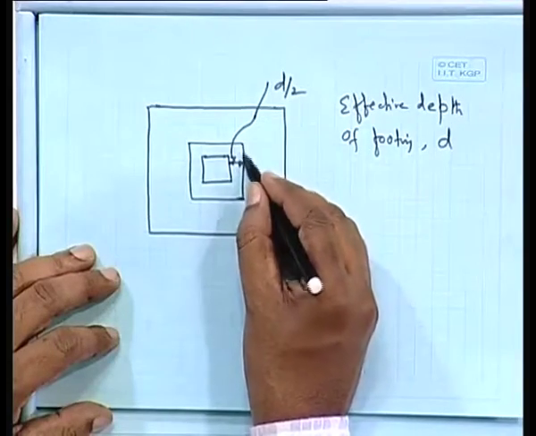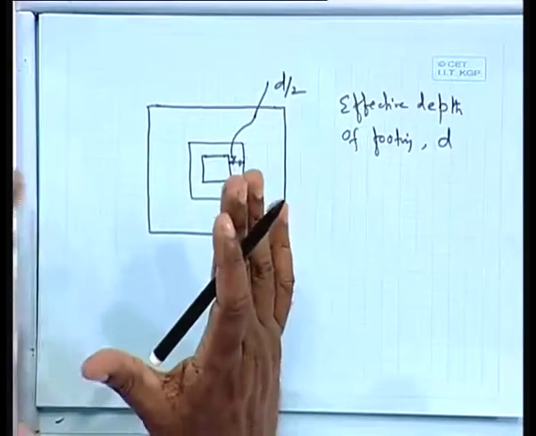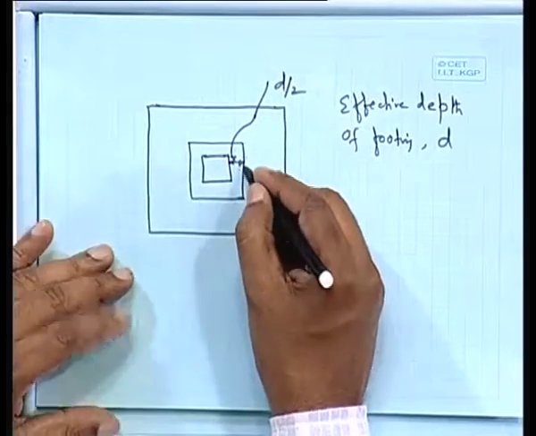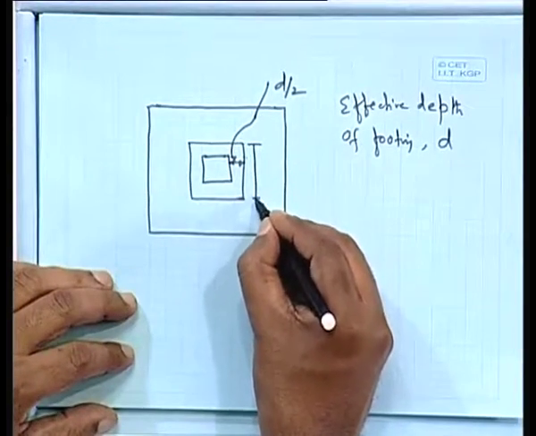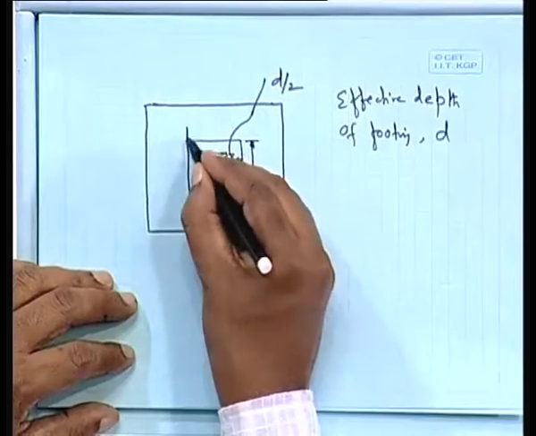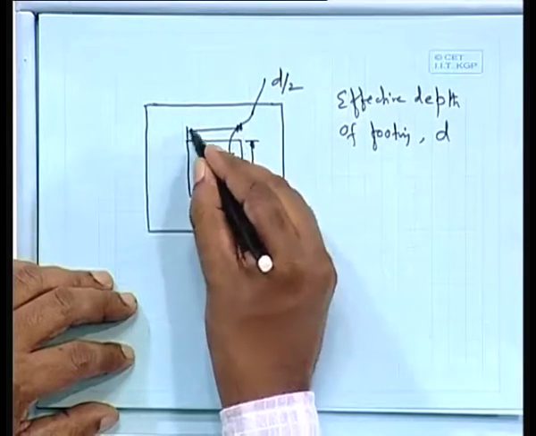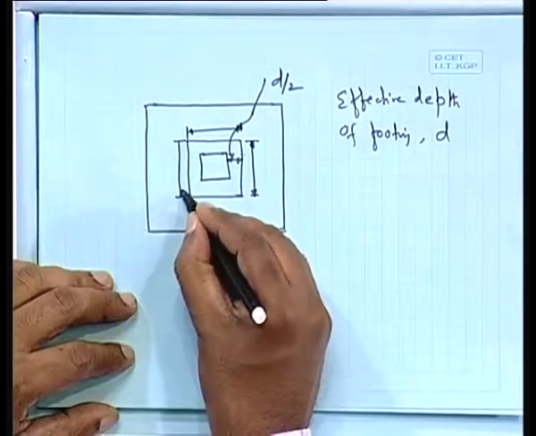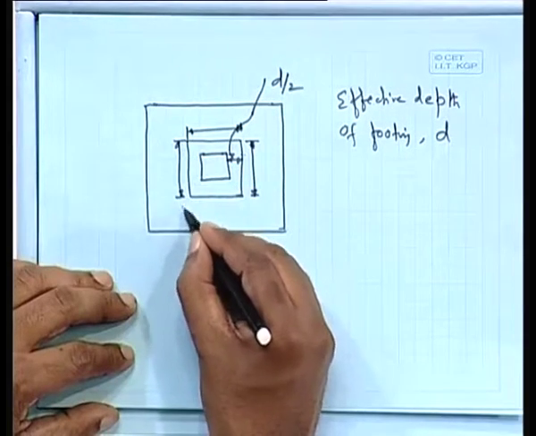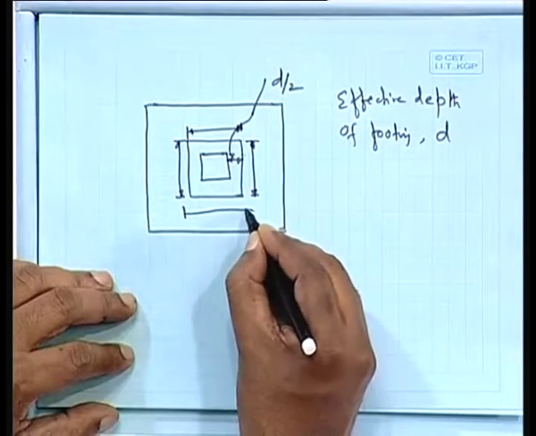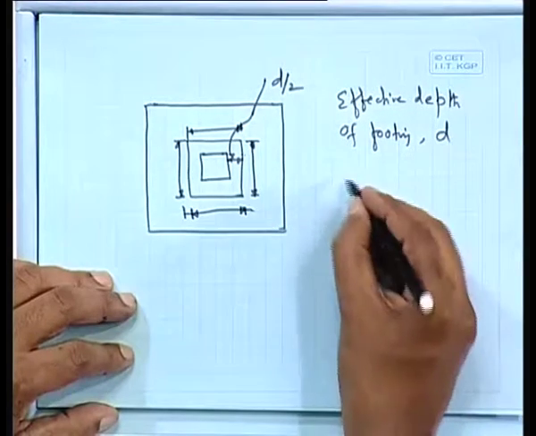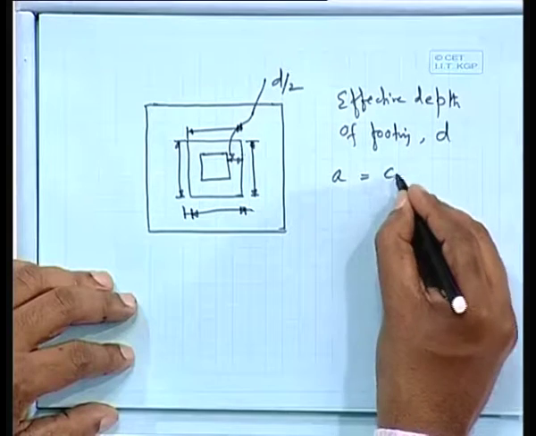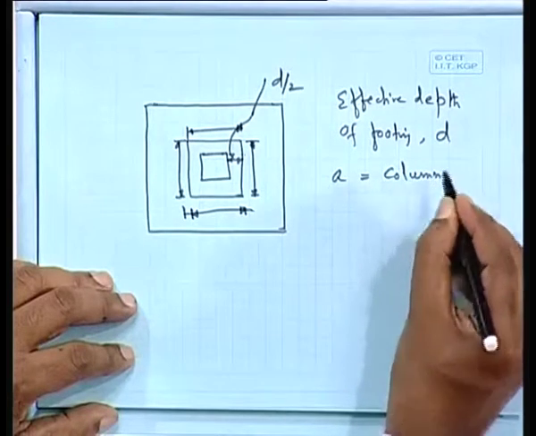So, what is the effective area? That means what is the area which is actually concerned with the shear? If this is the length, this is also a column dimension, say square.